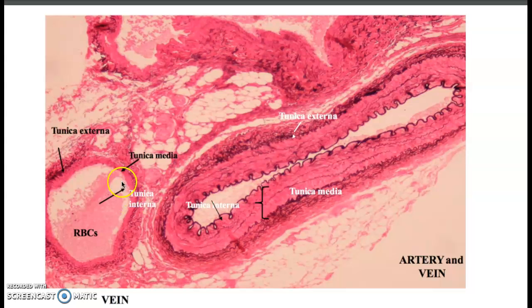Veins can change their diameter, but only very little. They have much less smooth muscle in the tunica media. Their endothelium usually appears smooth like this one. And veins have valves, and the arteries don't have valves.